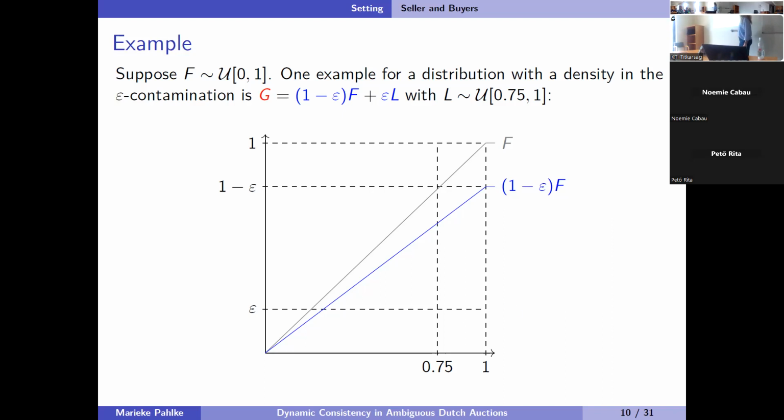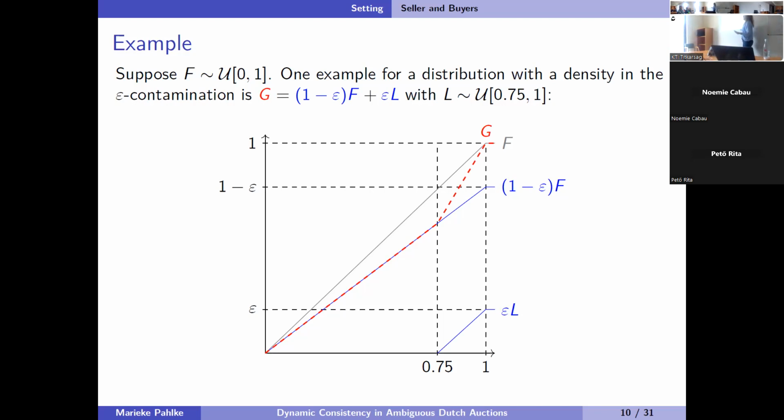If again we multiply this with epsilon, we get this. So the combination of these two is then just this red part here. We have the same weight as the original uniform distribution from 0 to 0.75, and then we have this key. So a buyer with that distribution would put more weight on the 0.75 to 1 interval than the true distribution.